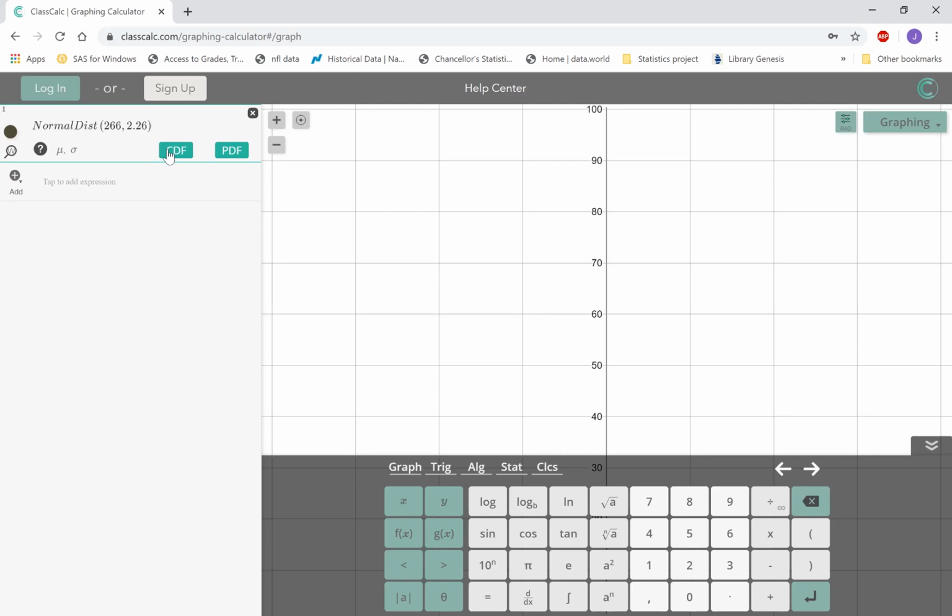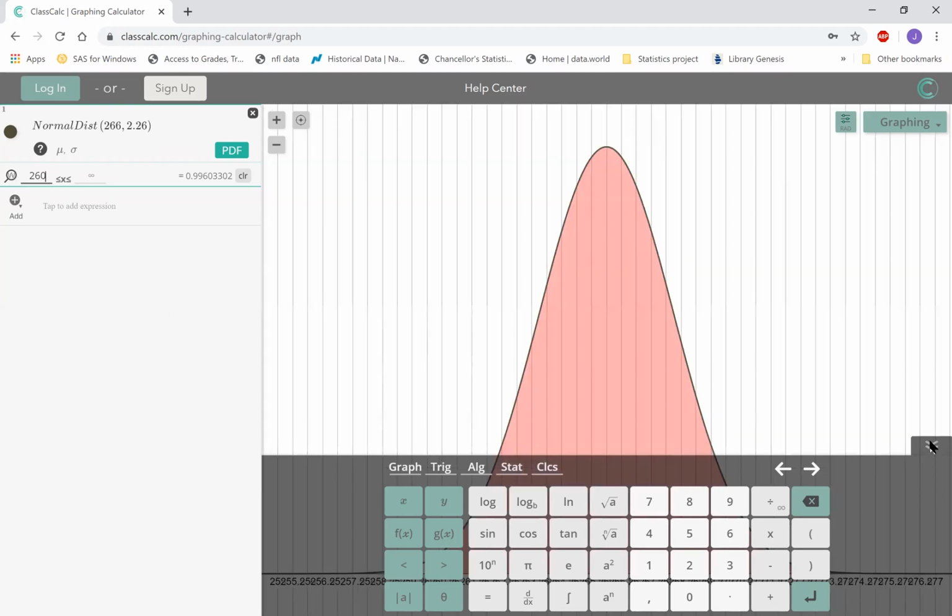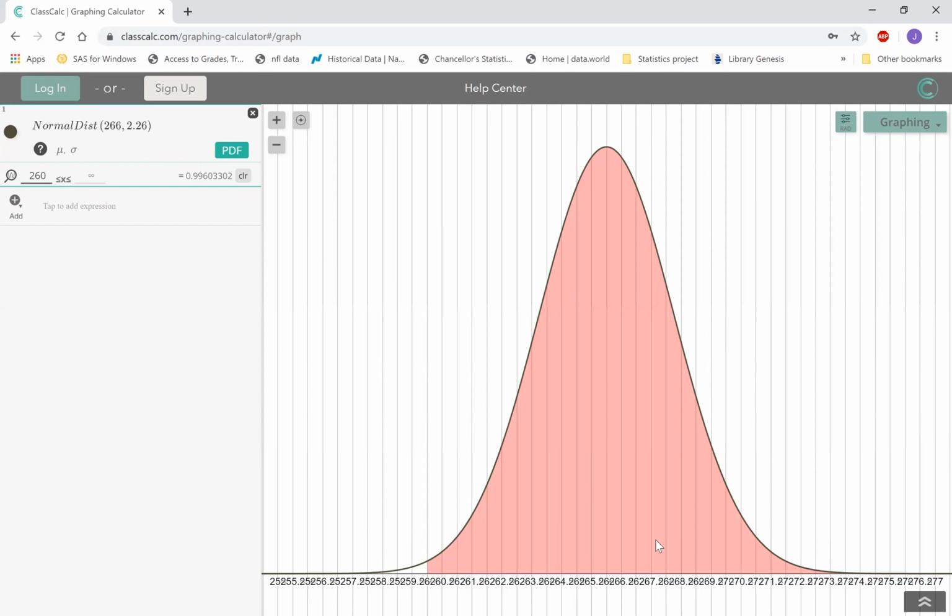And then we'll say CDF. The lower bound will be 260. The upper bound will be infinity. And that's your answer, 0.996.